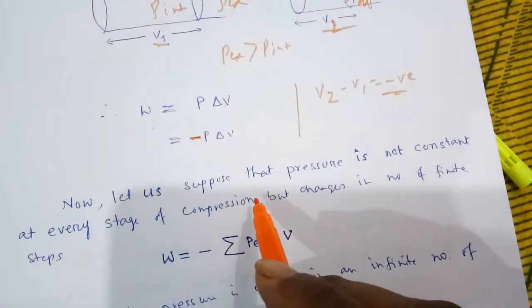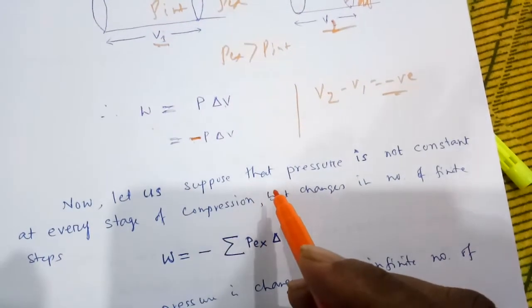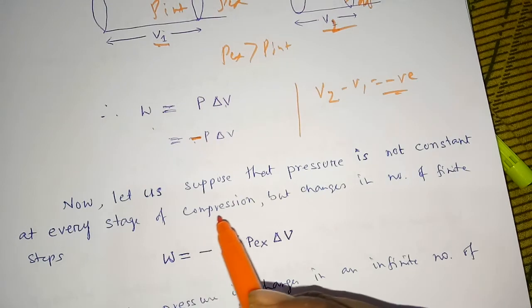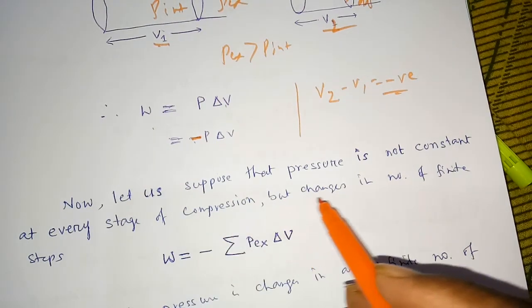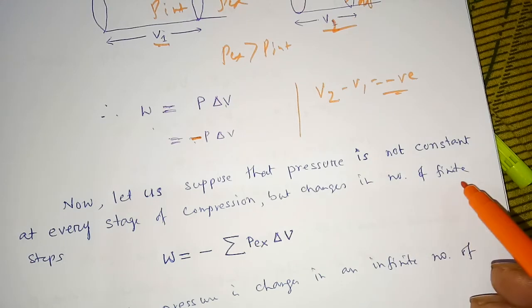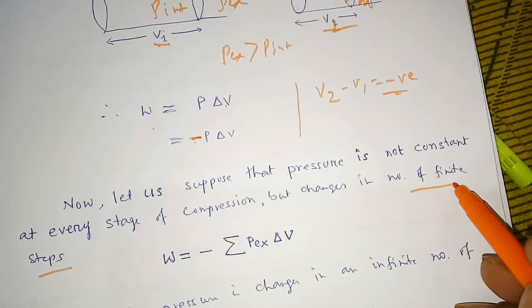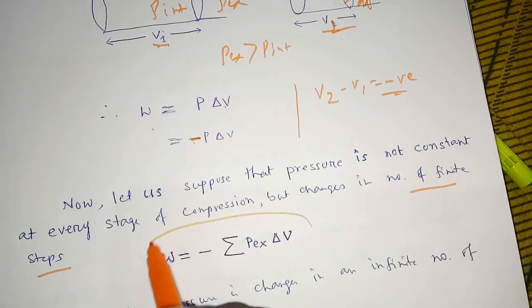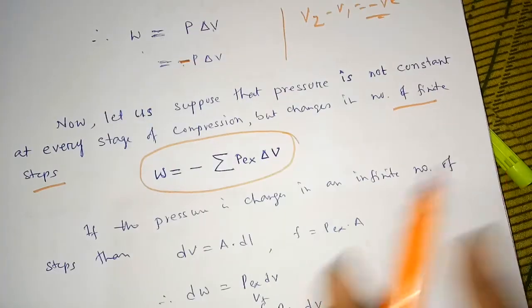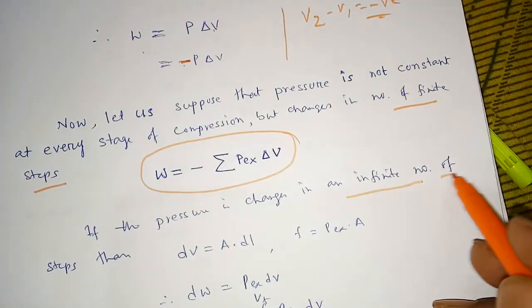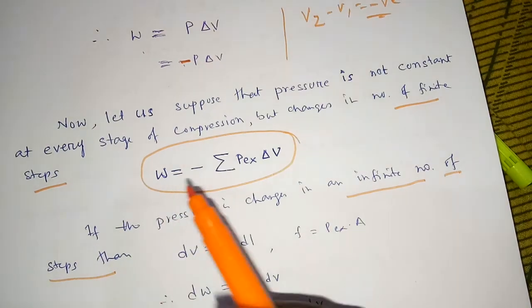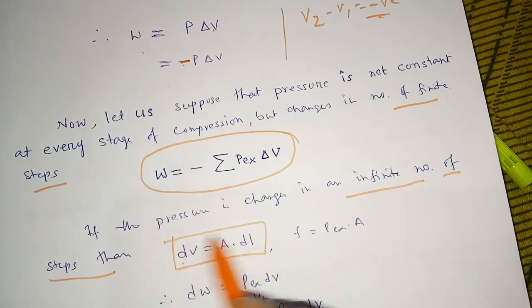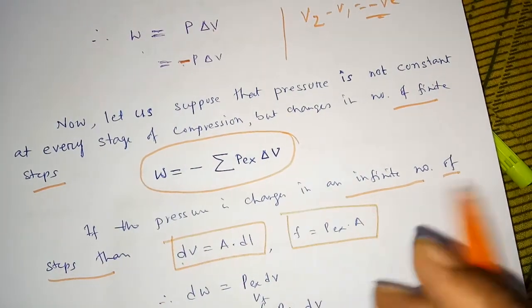Now let us suppose that pressure is not constant at every stage of compression, but changes in a number of finite steps. In that case, work equals the summation of P into del V. Similarly, if pressure changes in an infinite number of very small steps, then volume change equals A into dl and force equals pressure into area.